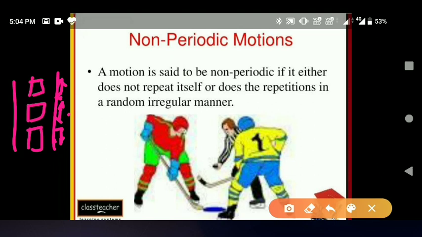The beating of the heart is an example of non-periodic motion. Your heartbeat is different when you are running, walking and playing. In all these cases your heartbeat is different. So these are examples of non-periodic motion.